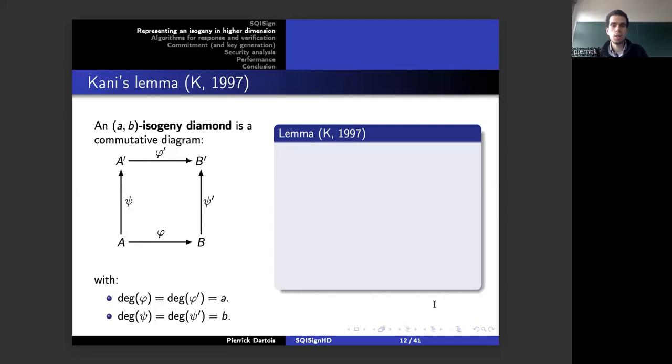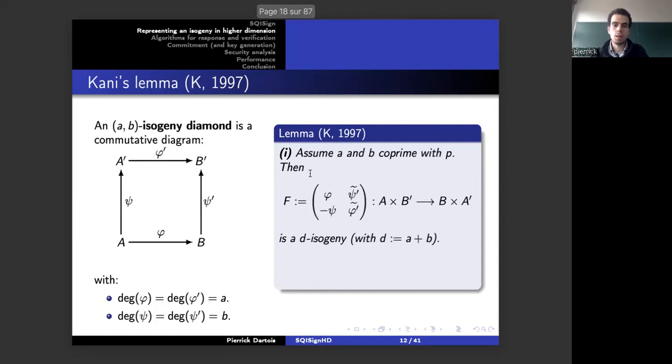And here comes Kani's lemma. If we have an A-B isogeny diamond, meaning a diagram like this, where phi and phi prime have degree A, and psi and psi prime have degree B, then, if A and B are coprime to the characteristic, we have a higher dimensional isogeny from A×B' to B×A', given by this formula, where all those isogenies are in the diagram.